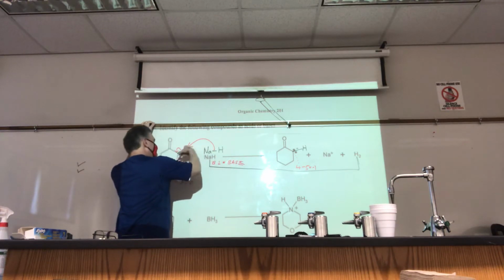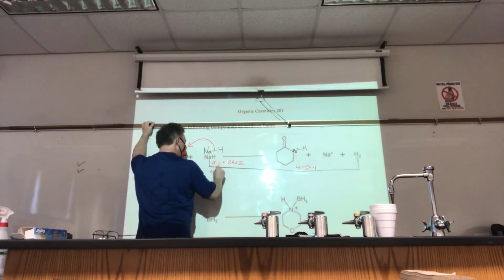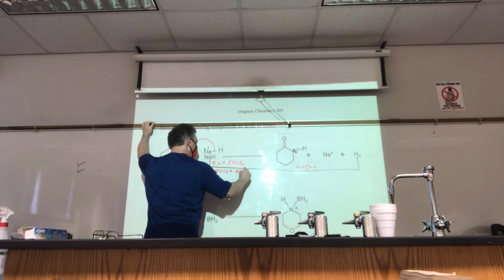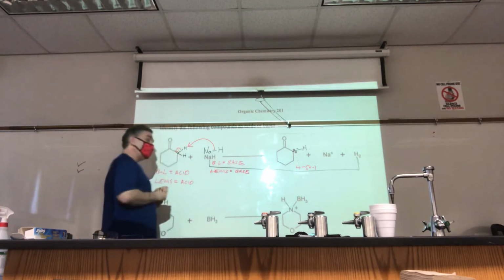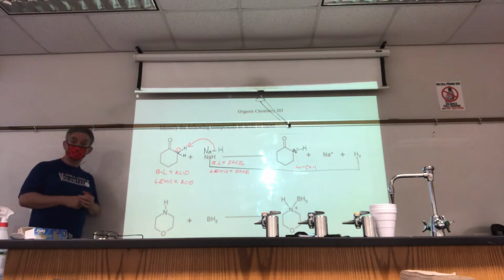But as it accepts the hydrogen, it's donating, giving up control of its electrons, which is the Lewis definition of a base. So this is actually one of the examples where either definition works for us.